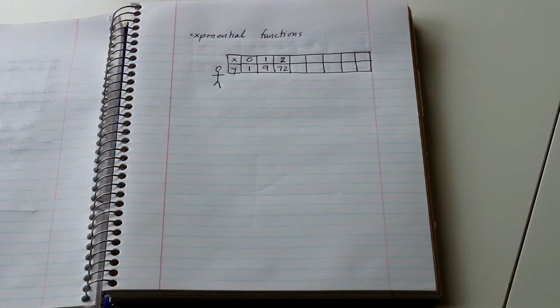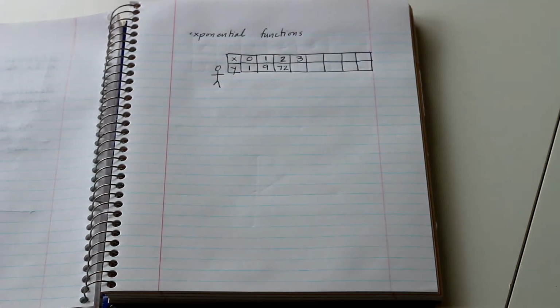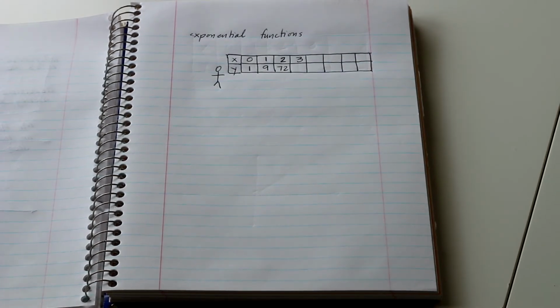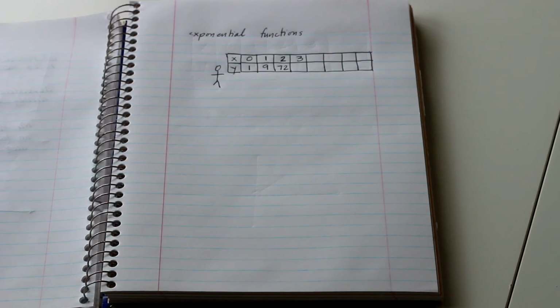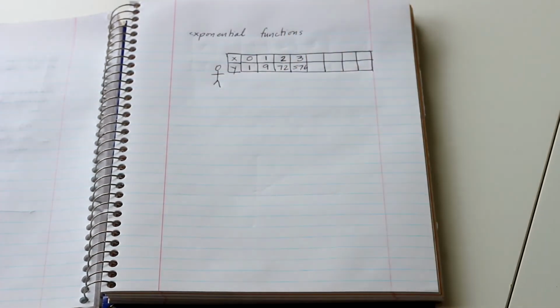Okay? And then day 3, 72 people go on and they go ahead and infect 8 other people. So how many people would that be? Well, we have 72, multiply that by 8, and what do we get? 576 people.